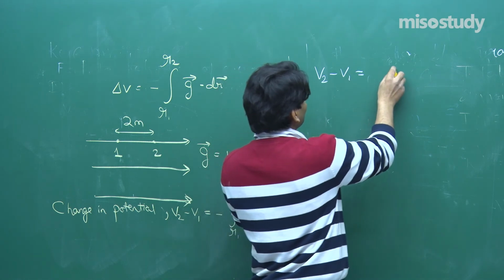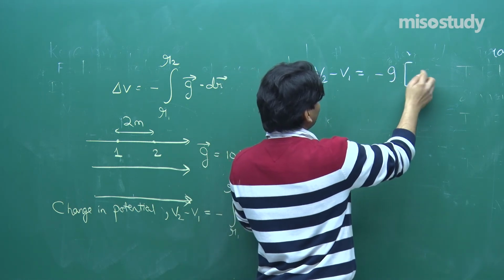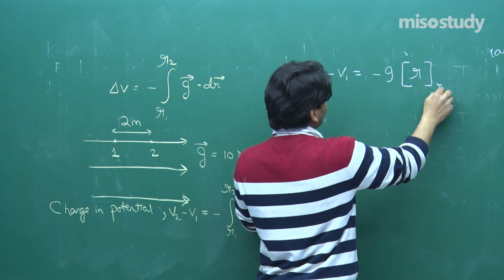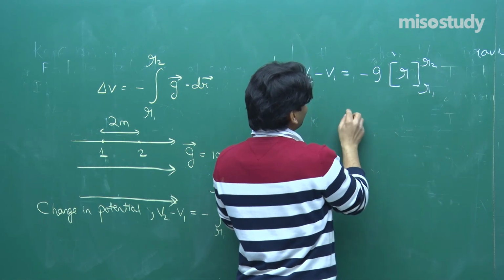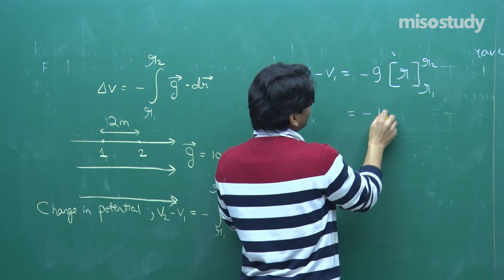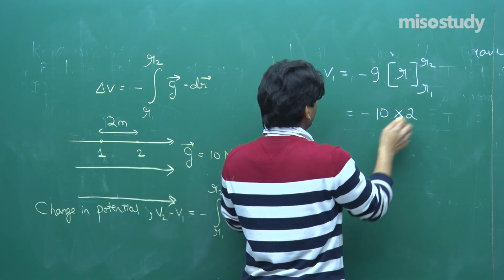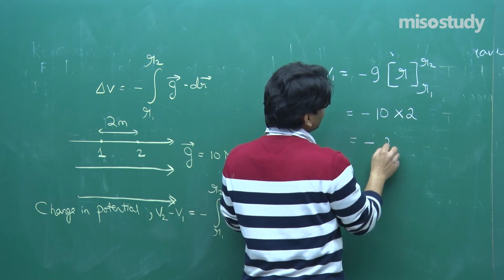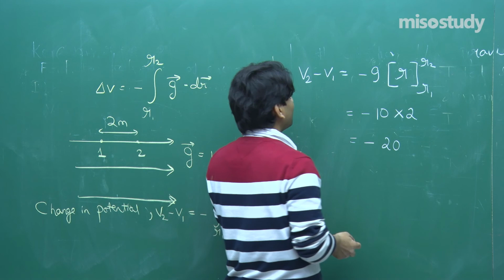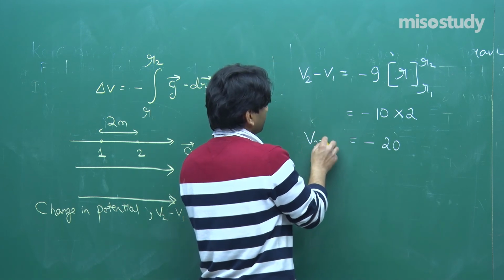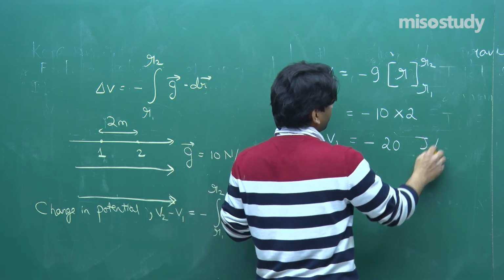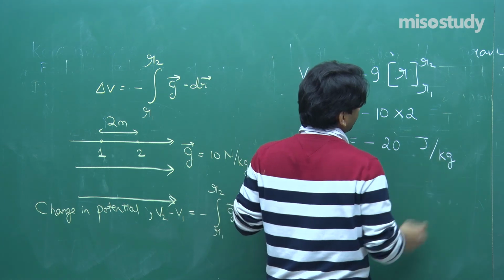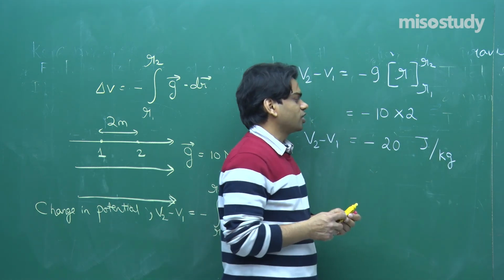So this will be equal to minus g r from r1 to r2, and r2 minus r1 will be nothing but 2. So I put here minus 10 into 2. We get minus 20, and the unit is joule per kg. This is the potential difference between the 2 points.